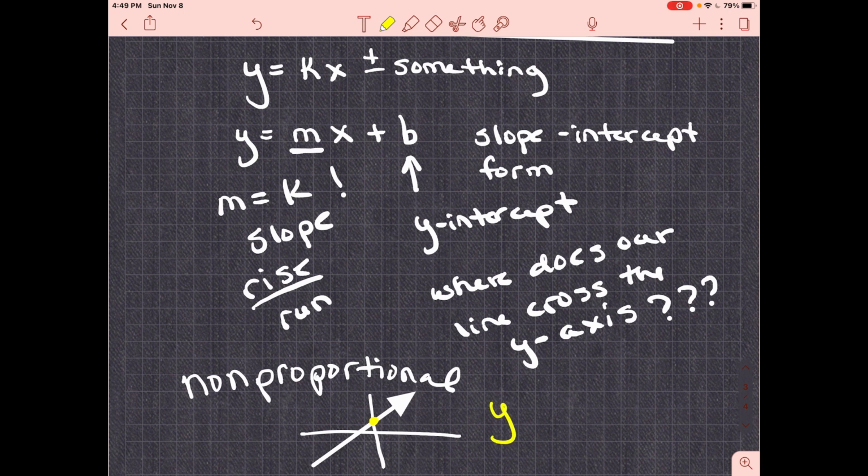So we still have slope. They all have slope. They always have slope. That's a direct variation, but then we might have plus something there, like plus 3 or plus 2, or maybe it's minus if we cross down a little bit lower, like maybe down here. Then we might have y equals some number for slope times x minus maybe 2 or something like that.